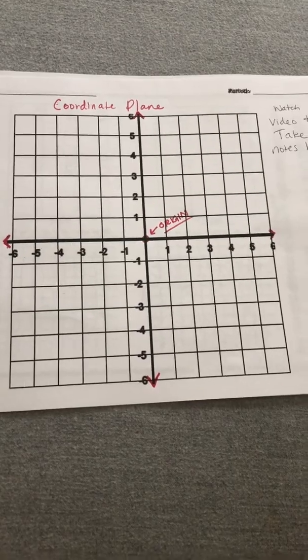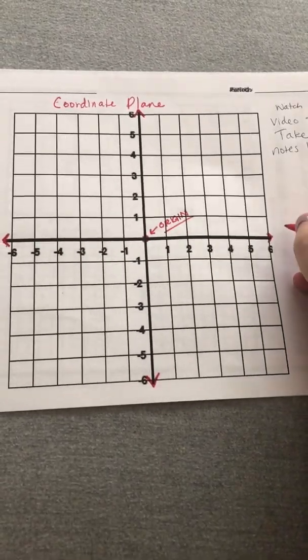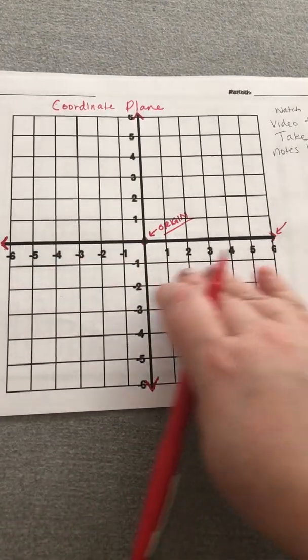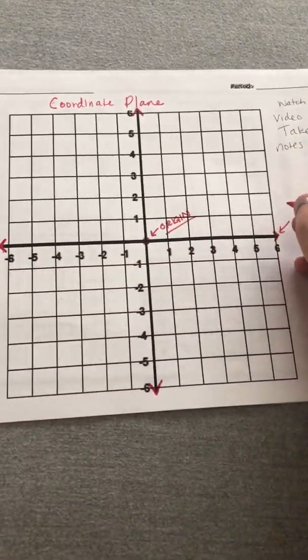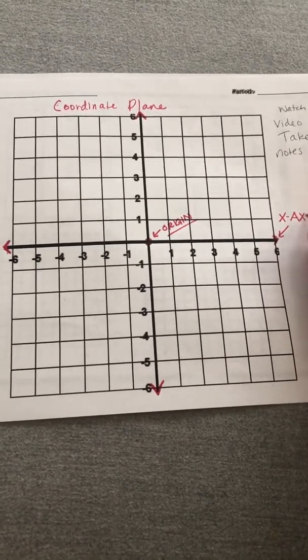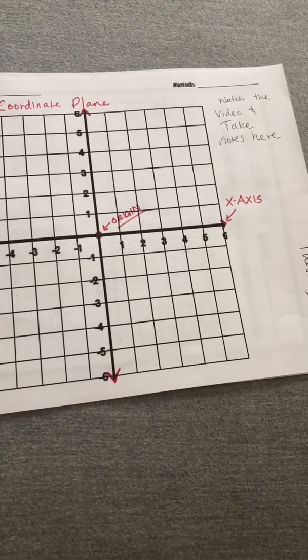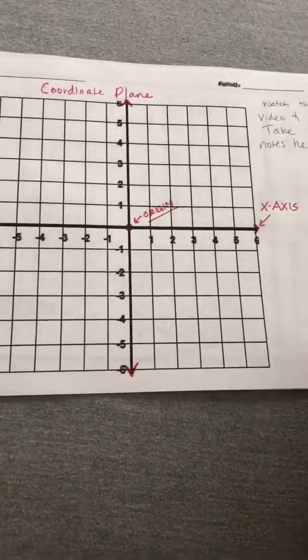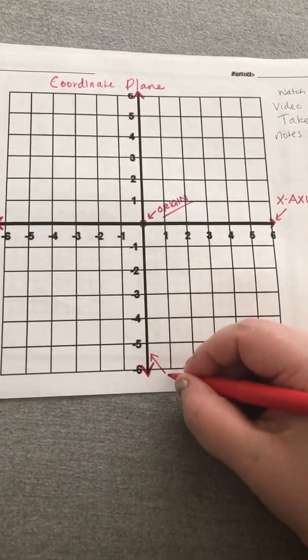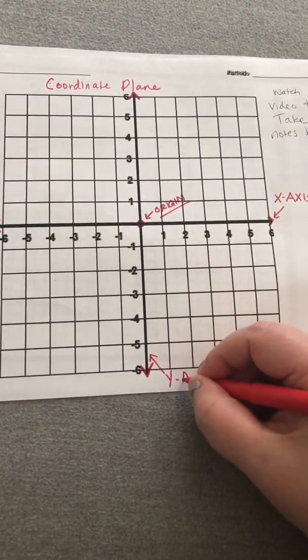They have specific names. The line that goes like the horizon, the horizontal line, is called the x-axis. And this one that goes up and down is called the y-axis.